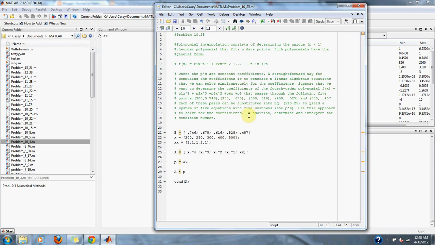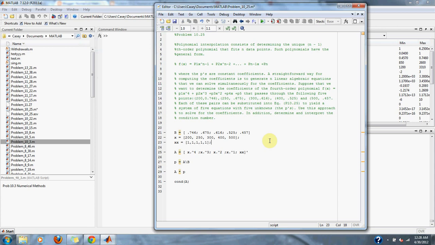So when we create our A matrix, we use the x's given to us, and then we set them to the power of the equation. So we have our x's set to the fourth, our x's set to third, second, and first, and then just our x's, just as the equation in the problem describes.